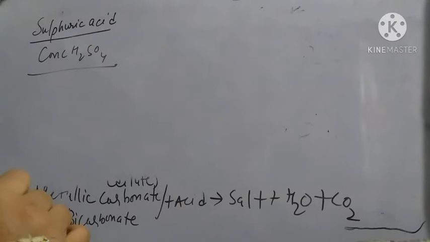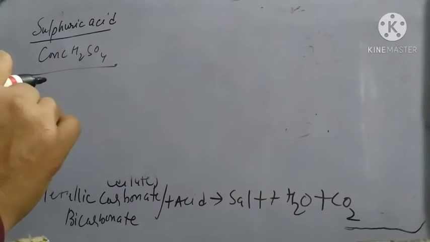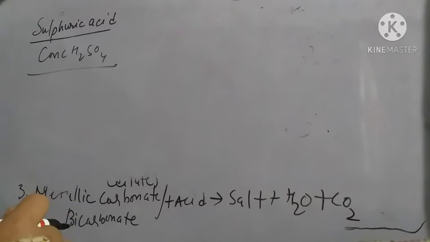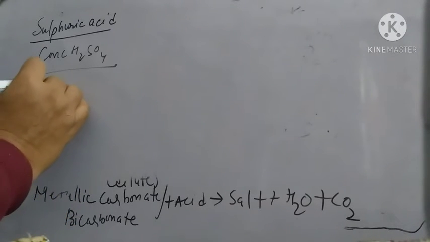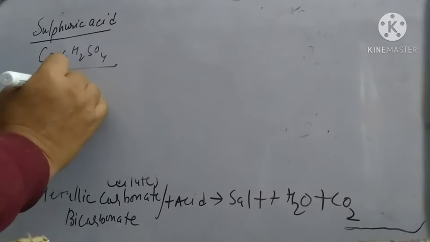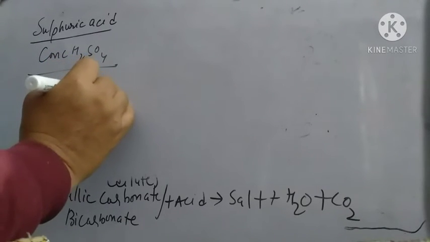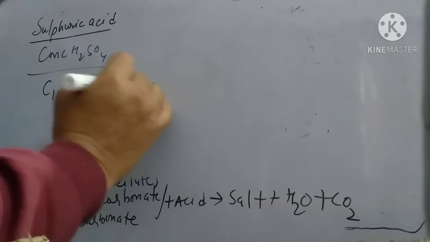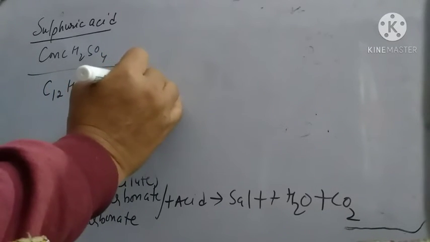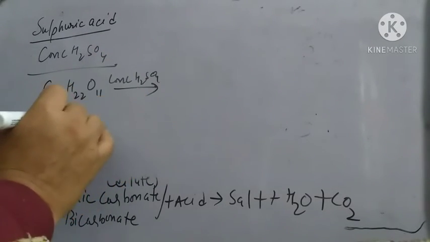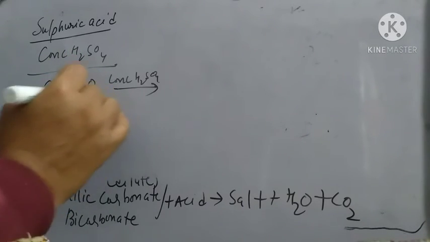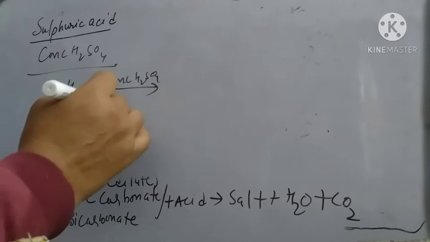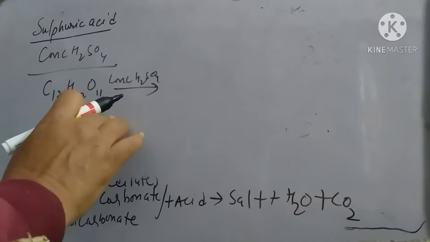So now we are going to take the example of dehydration of sugar and copper sulfate crystals. Now sugar, that is C12H22O11, we will see that concentrated sulfuric acid will remove the water molecules which are present over here.